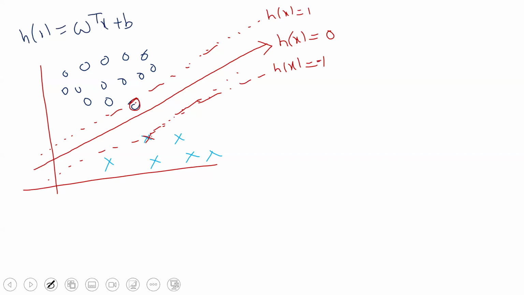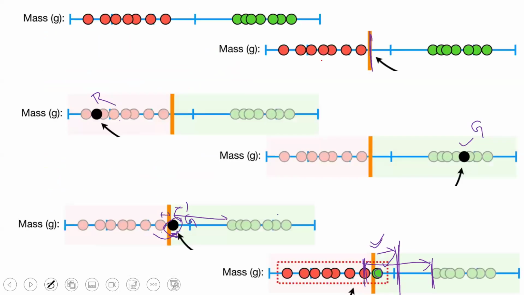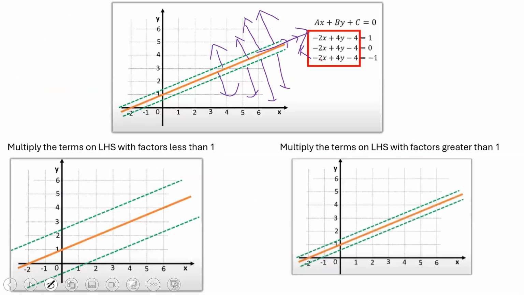We scale h of x in such a way that we get these lines. We optimized this such that the line going through the support vector is represented by h of x is equal to 1, and the line which is going through the support vector of the other class is represented by minus 1.